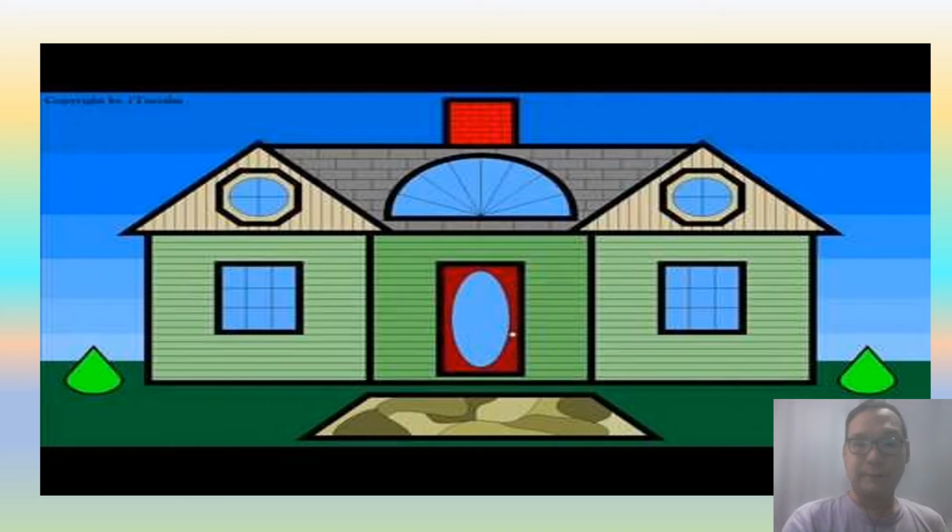Now, I want you to study this picture and tell me, what do you notice in this picture? Very good. As you can see, in the picture, there are different shapes. We have here the square, the rectangle, the triangle.